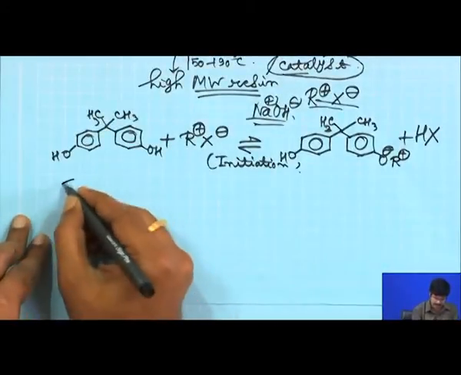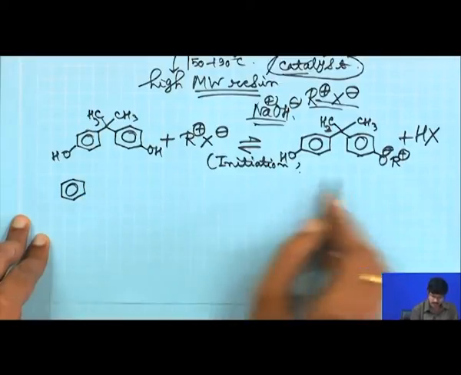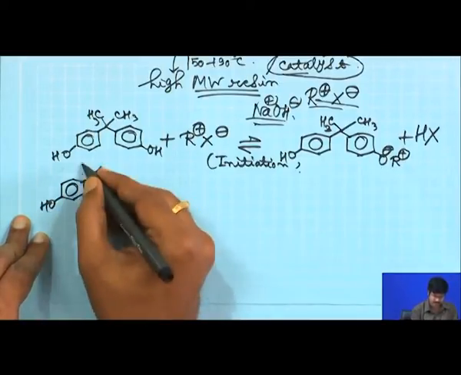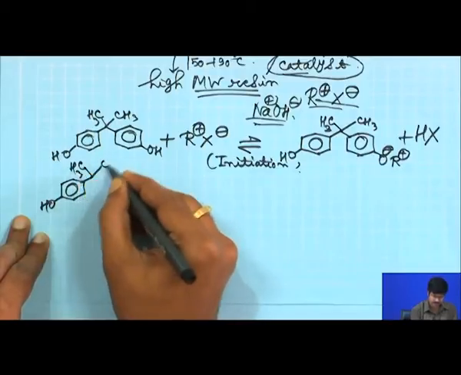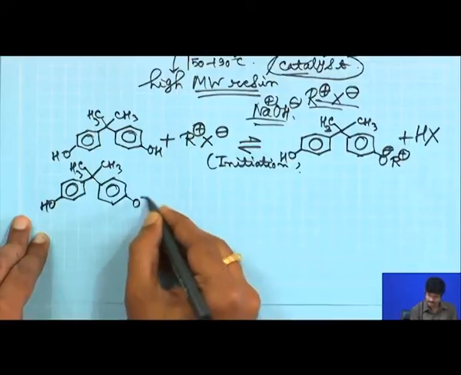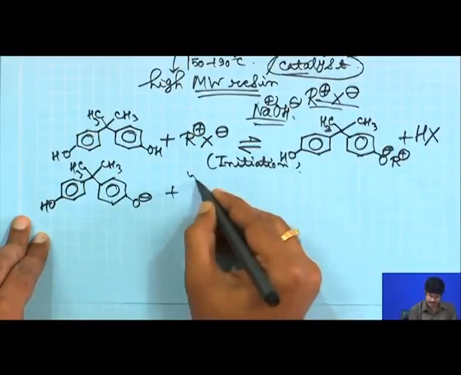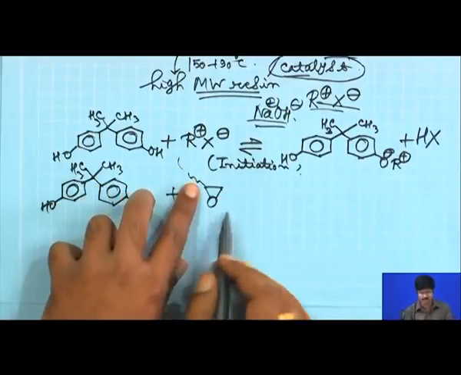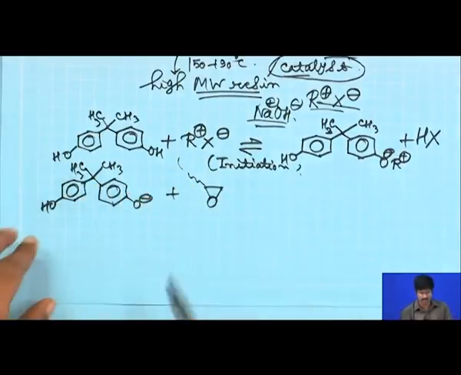So, in the next step what happens, this phenolate ion that you have produced will react with your epoxide. Now, I am just drawing a long chain here or some chain here because it is a liquid epoxy resin at the end of which you have an epoxy linkage.